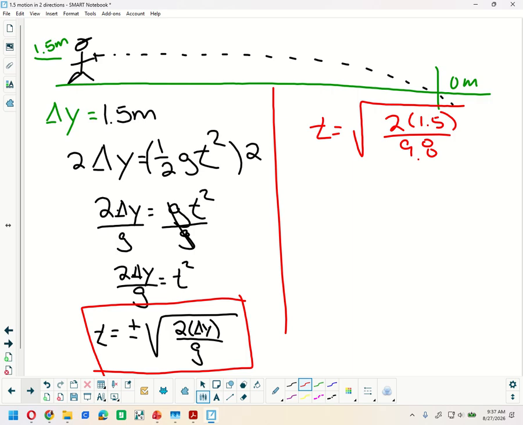Plugging it into your calculator is going to be key. Now, I guarantee you there's going to be people having issues with this and not get the right answer, because you need to practice plugging it into the calculator. Tu calculadora es muy importante. Please, please, please plug it into the calculator.